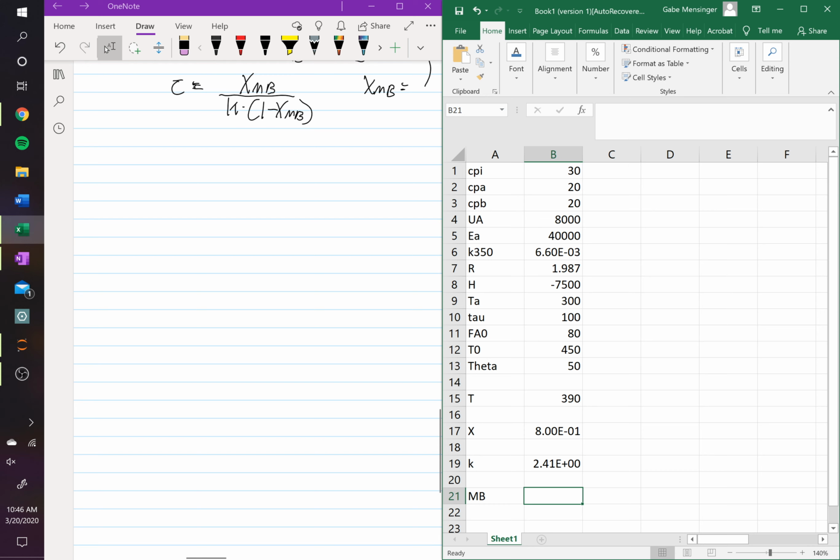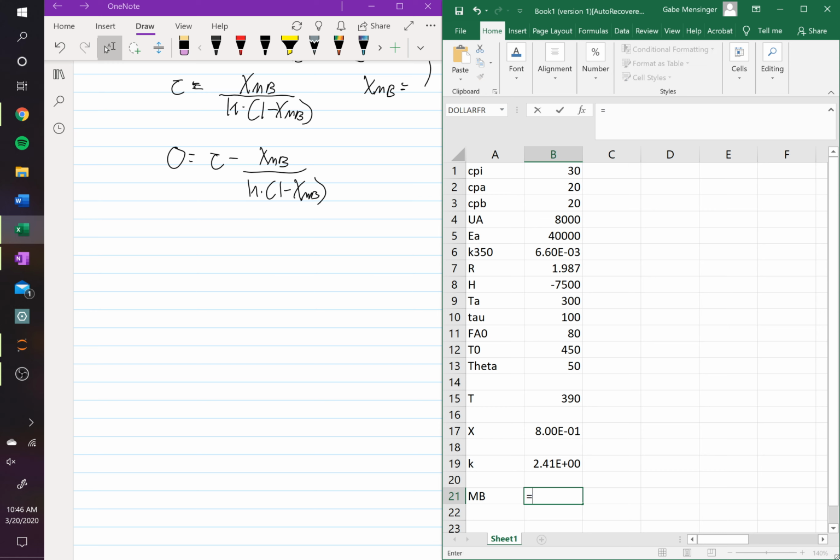This is ultimately the one that's going to solve for our temperature. So I'm going to goal seek. What I'm going to end up putting in is 0 equal to tau minus X_MB over k times (1 minus X_MB). I'm going to enter that function in here, and goal seek it to be 0, which will ultimately solve for our temperature.